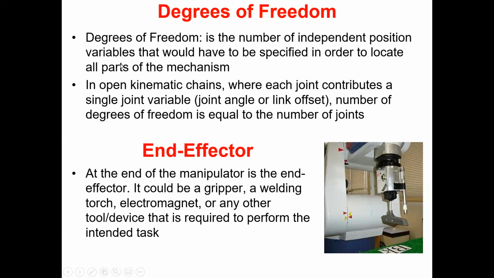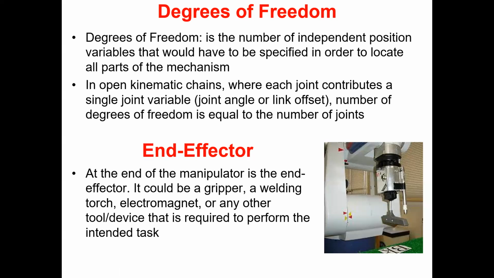When I say joint variables, some joints are prismatic, so the variable is distance. Some joints are rotary, so the joint variable is an angle, right? Whatever it is. So the number of independent position variables that would have to be specified in order to locate all parts of the mechanism. So let's say you have a manipulator.